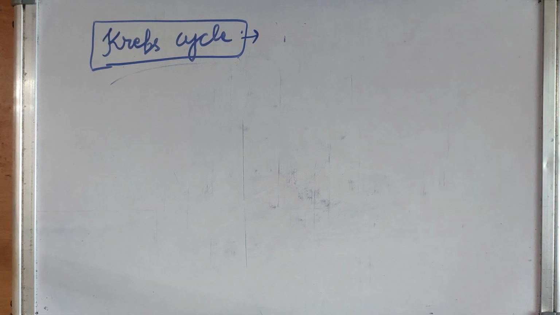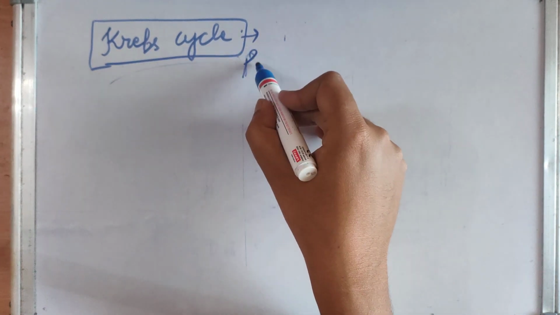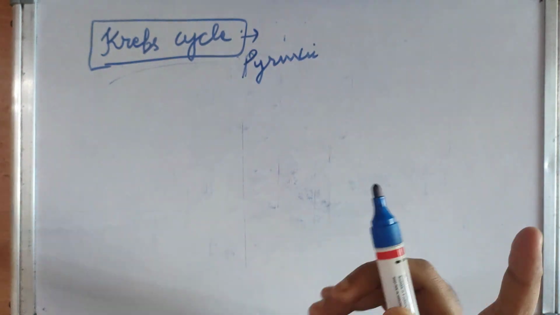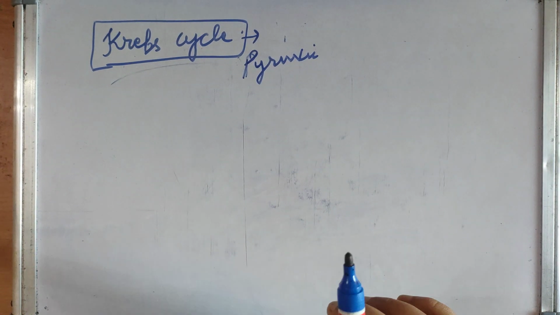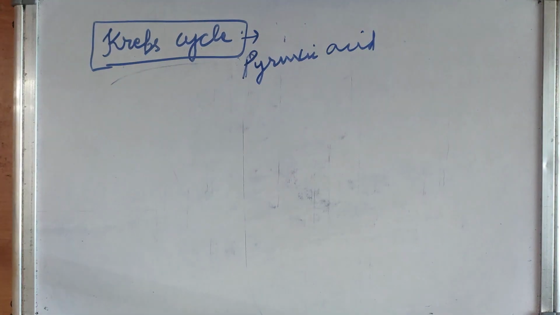Now, how does this Krebs cycle proceed? First of all, pyruvic acid is there, which is produced through glycolysis. We will discuss glycolysis in the next session, just after this, where we will discuss how pyruvic acid is produced from glucose.